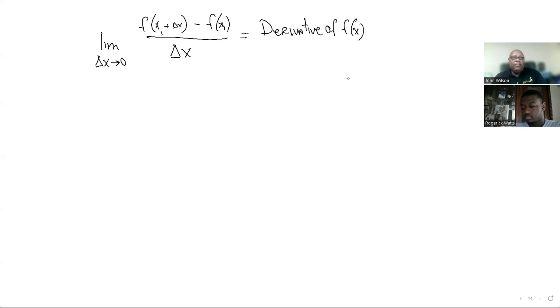So the derivative of f of x is the limit, I'm going to say it 3 times, the limit as delta x goes to 0 of f of x1 plus delta x minus f of x1 all over delta x.